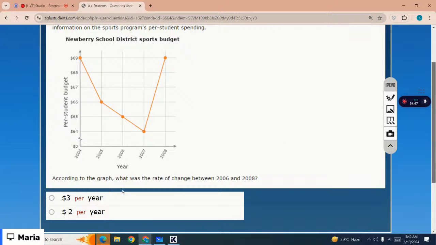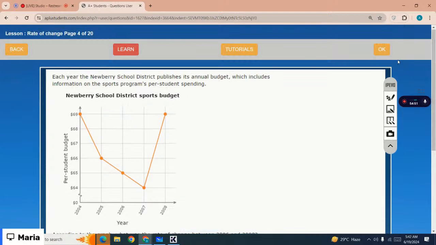The correct option is $2 per year. Option number 2 is the correct option.